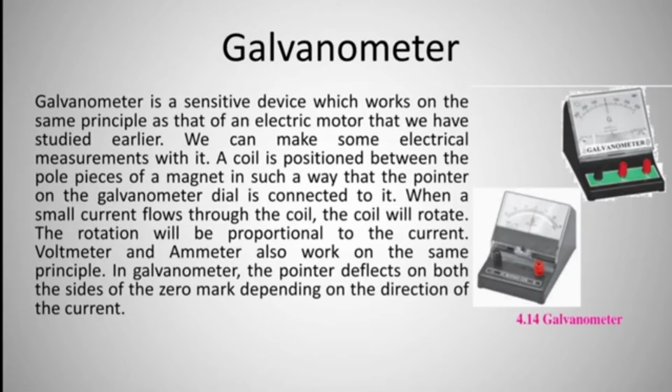In a galvanometer, the pointer deflects on both sides of the zero mark, depending on the direction of the current. Thus, a galvanometer helps us detect the presence of the current in the circuit and also its direction.